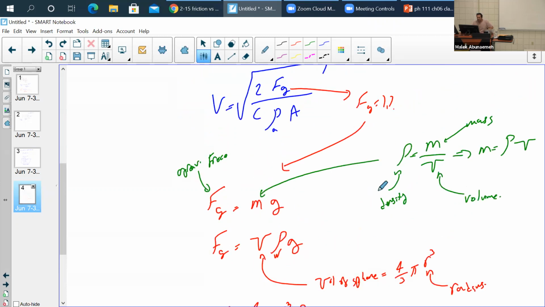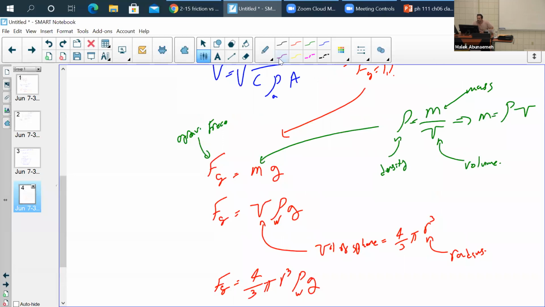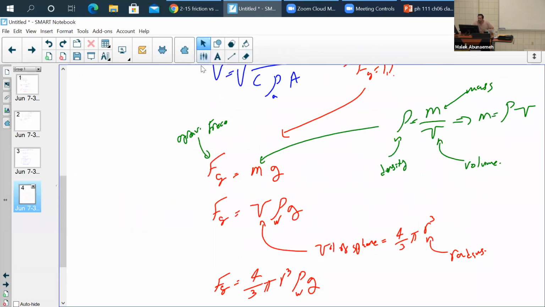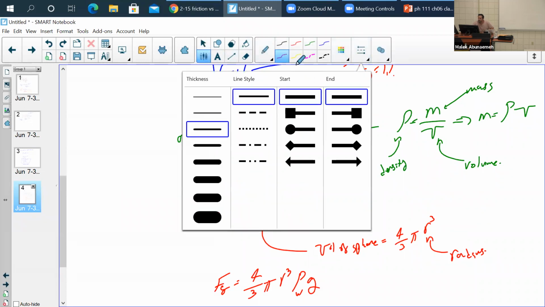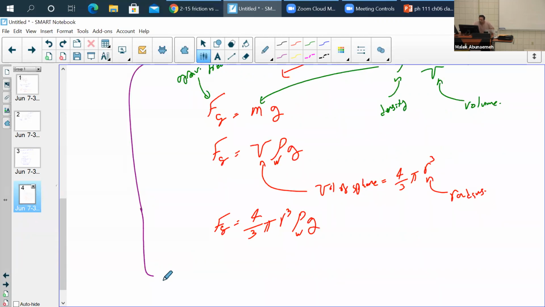We also need the area. Let me go ahead and get a different color. So we need the area. Now, your area is going to equal pi r squared.